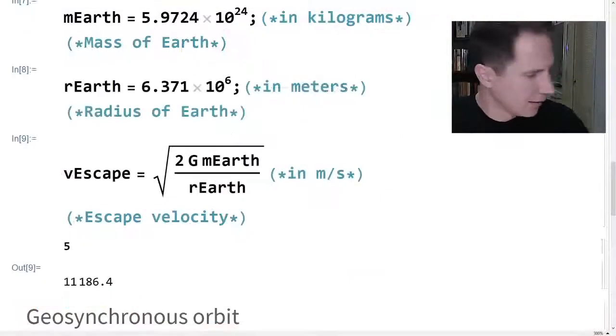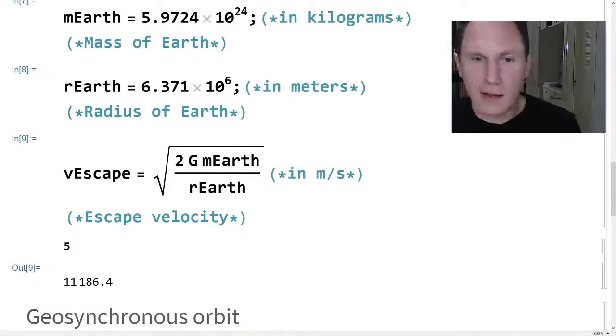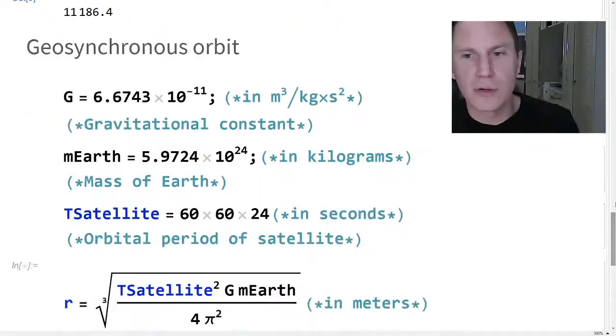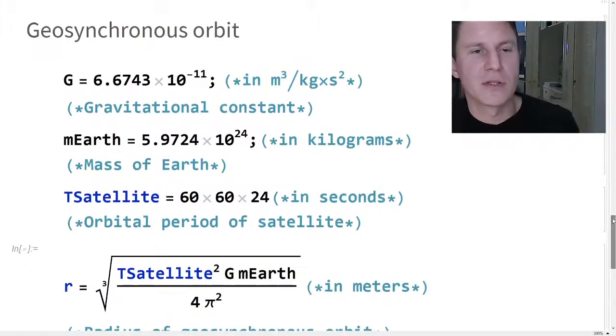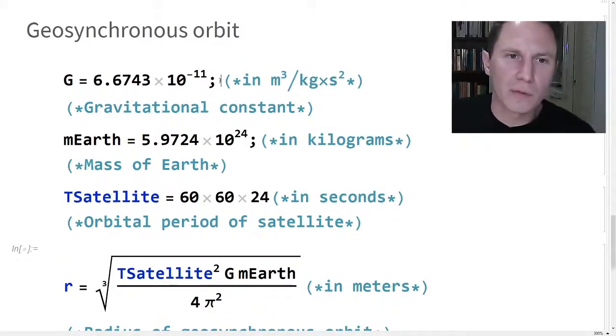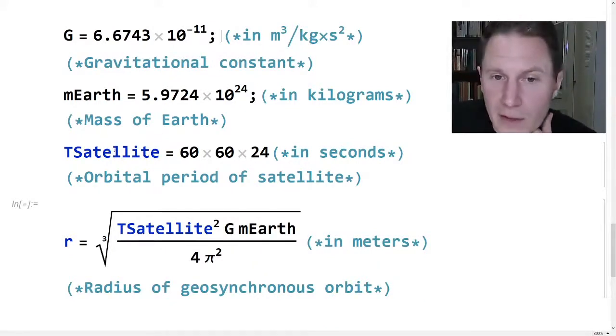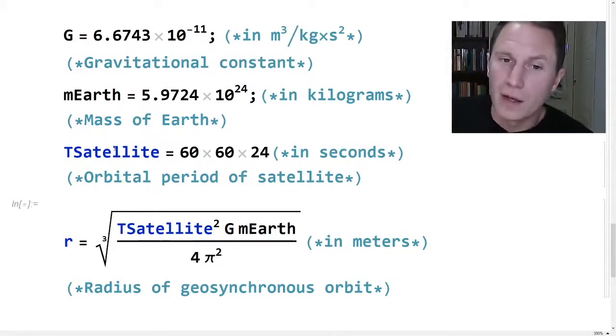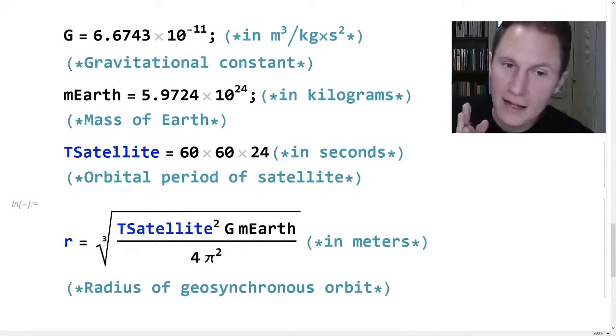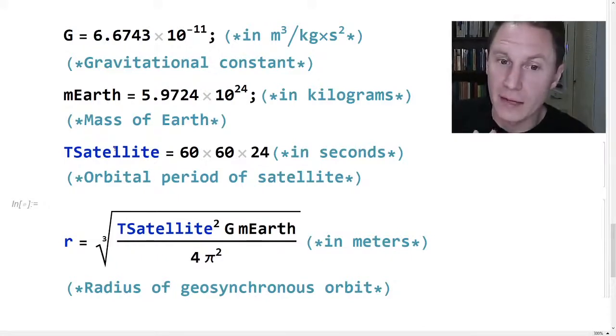And I can show you one more thing in this notebook. I prepared something that is the geosynchronous orbit, the size of the geosynchronous orbit that you need. So what you want to have is a satellite sent into orbit which goes around the Earth, and if you look up to the sky, you would see that satellite always in the same spot in the sky, because it would go around the Earth just as the Earth rotates around its axis.